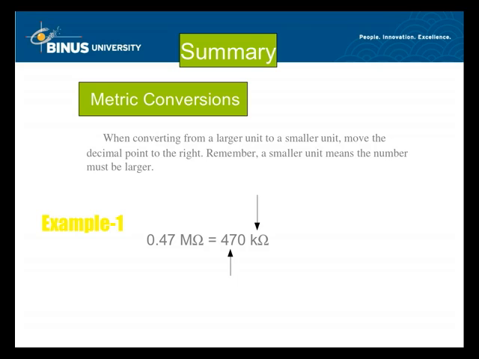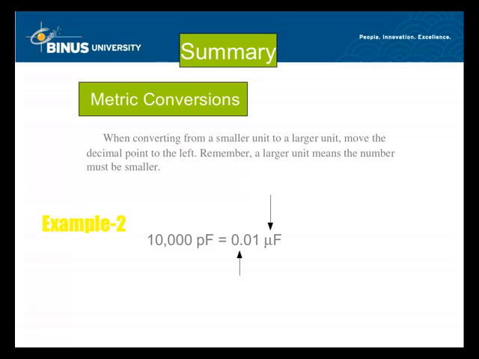For example, 0.47 mega ohm is equal to 470 kilo ohm. So a larger number and a smaller unit corresponds to the left hand side. Here's another example of capacitors.